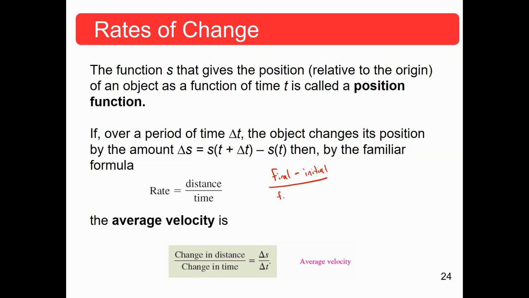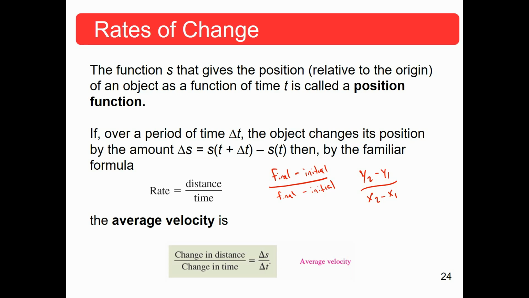Time is going to be final time minus initial time. Anytime we find a delta, anytime we find a change of something, it's always the final minus the initial. Or y2 minus y1 over x2 minus x1, right? The final y value minus the first y value, the final x value minus the initial x value. So this is what we're going to call the average velocity.